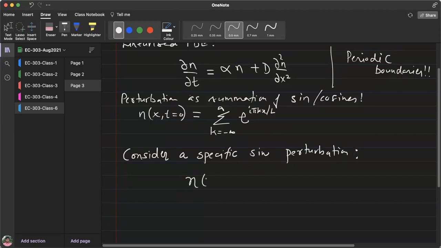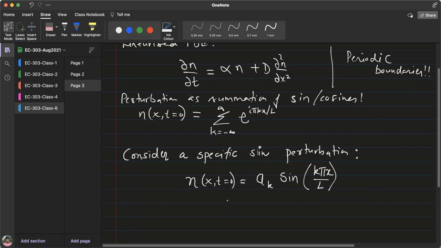So let's say n of x is A_k times sine of k pi x by L. Instead of a homogeneous perturbation, we have a periodic perturbation, and let us see what happens to it. Does this perturbation decay, or does it die off?